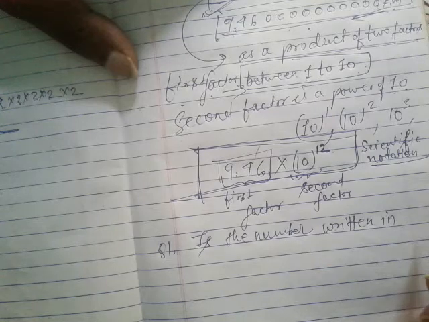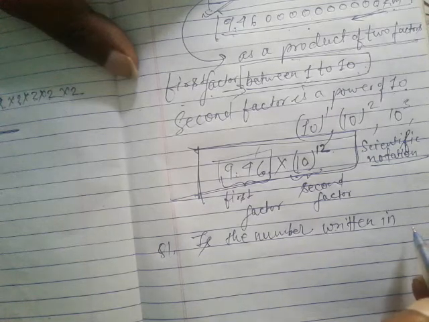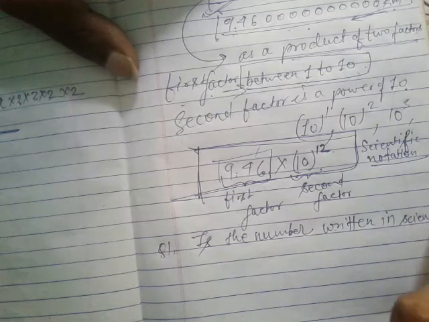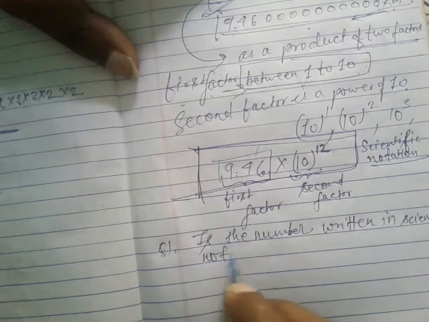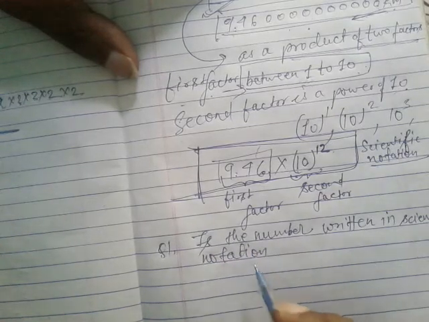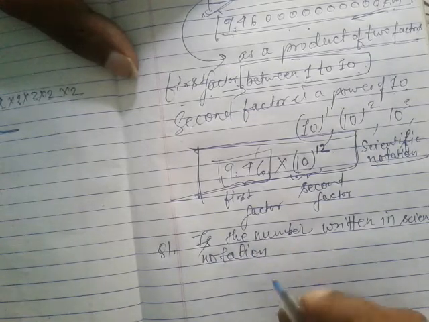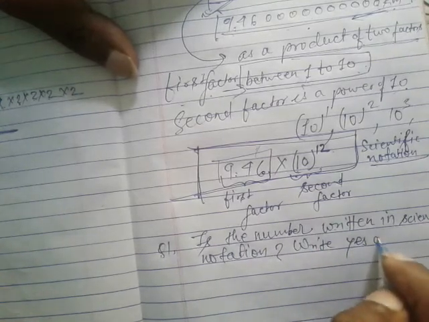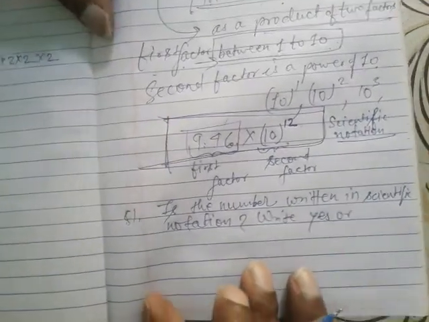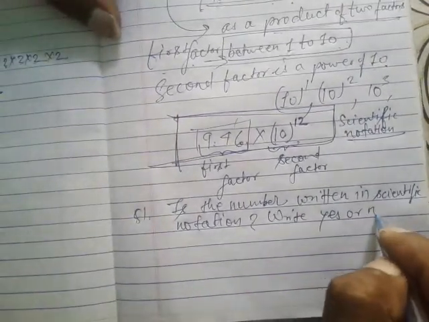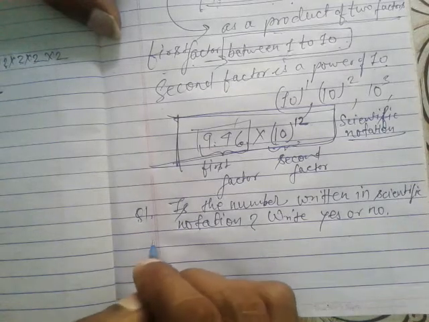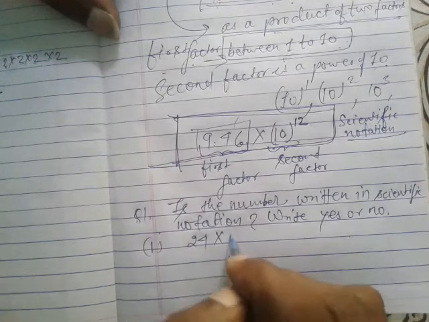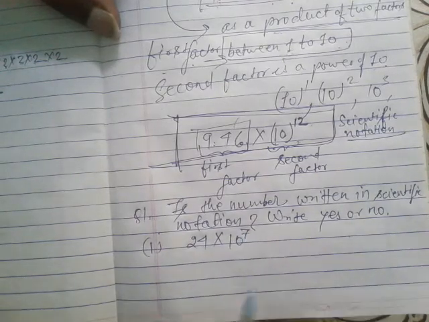Give your answer yes or no. Is the number written in scientific notation? Write yes or no for it. So the first number is 24 multiplied by 10 raised to the power 7.